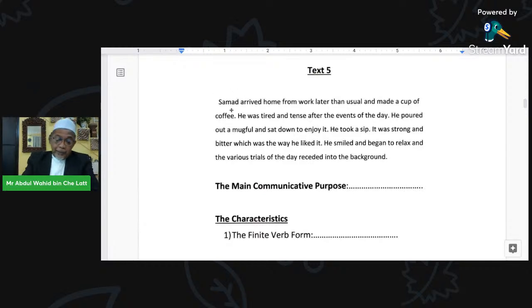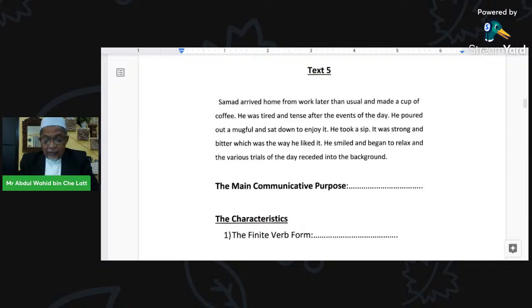Well, ladies and gentlemen, the text is about a simple story that happened one evening. Since it is a story, we call it a narration.